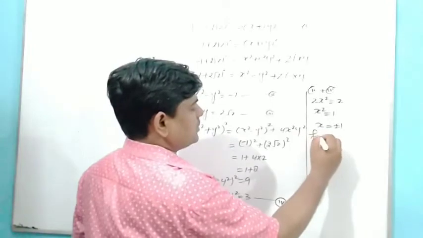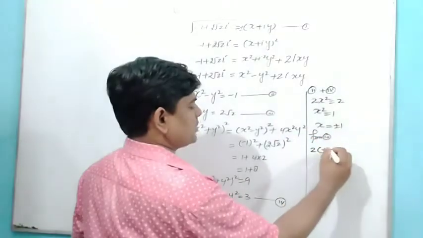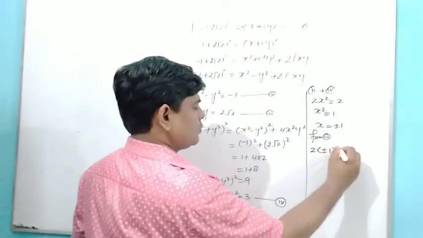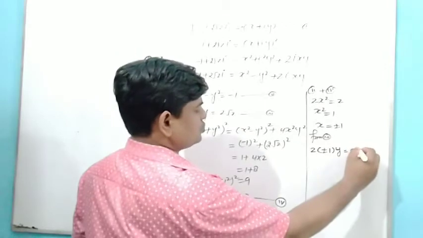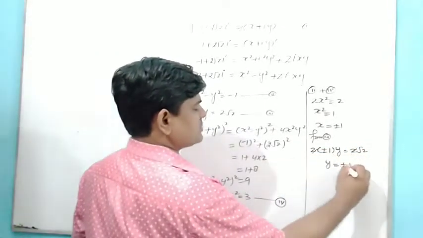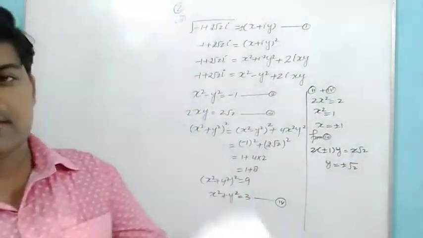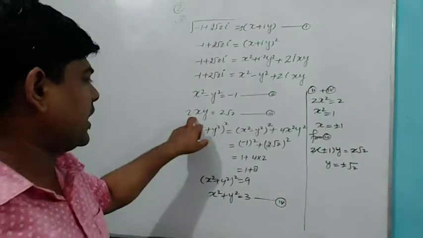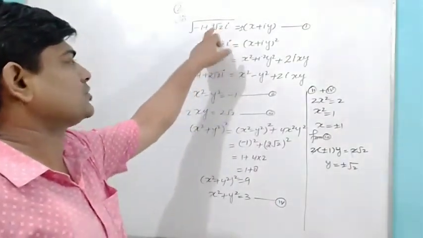From third, listen to me very carefully what I want to say. 2 times plus minus 1 times y is equal to 2 root 2, the 2 cancels. I'll get y is equal to plus minus root 2. Listen to what I want to tell you here. Here I was having xy as a positive number because the coefficient of i was a positive number.